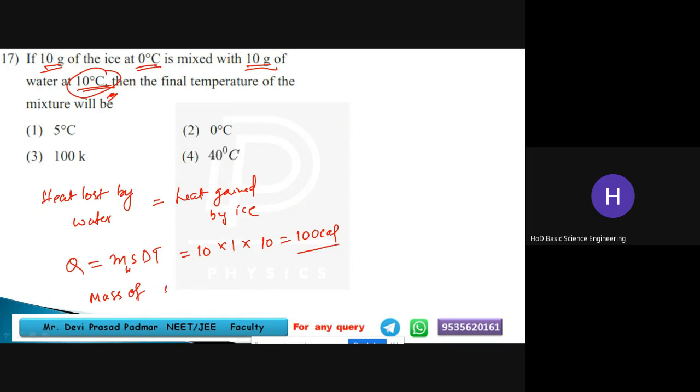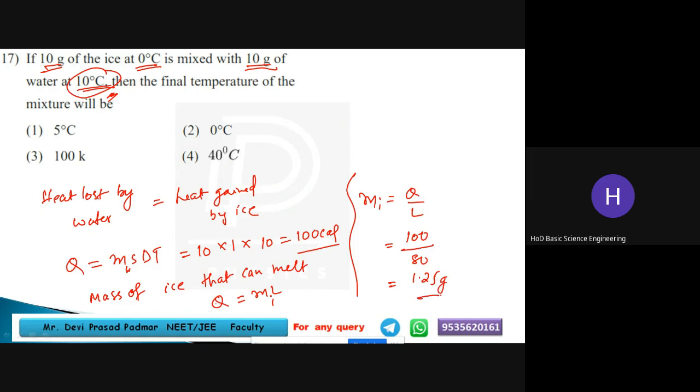Here Q must be equal to m into L, or mass of ice that melts is nothing but Q by L. L is the latent heat, which is 80. Q is 100. So what do you get? 1.25 gram.